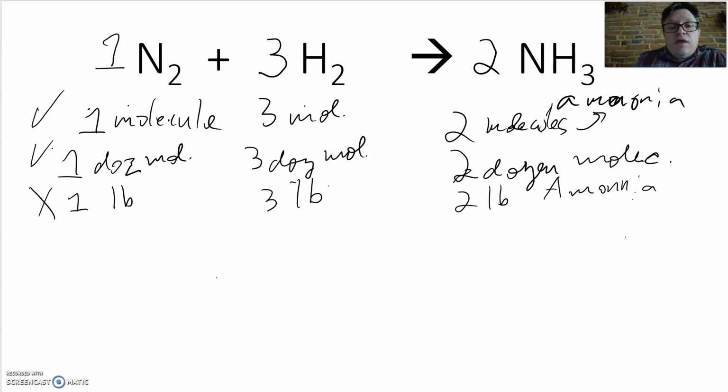This is because of a few things. One, we know that moles and molecules of nitrogen, hydrogen, and ammonia all weigh different amounts. Another thing, if you think about the law of conservation of mass, 1 pound plus 3 pounds does not equal 2 pounds. If we had 1 pound of nitrogen and 3 pounds of hydrogen, we should have 4 pounds of something if they all reacted together to produce a product.